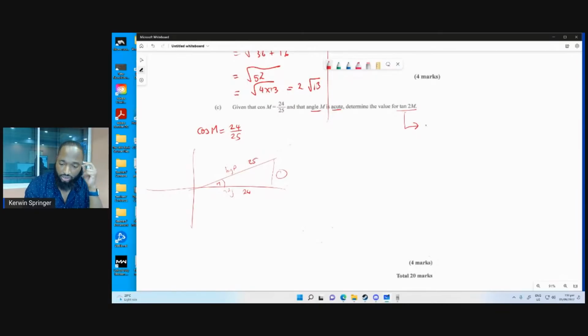To begin with, what's the double angle formula for tan 2m? Just a little recap. Tan of a plus b is equal to what? Isn't it tan a plus tan b, over 1 minus tan a tan b? Double check that for me.